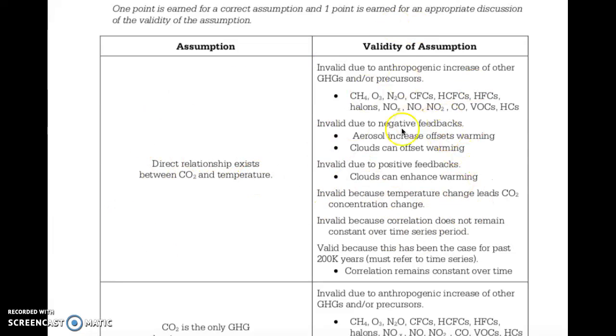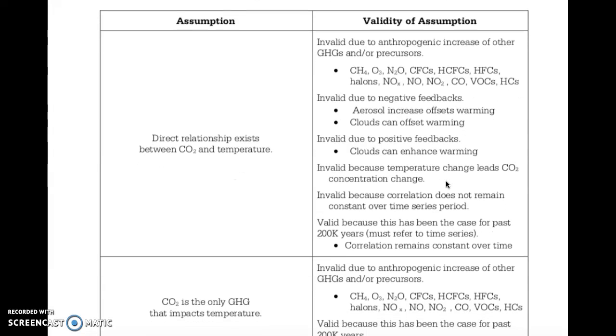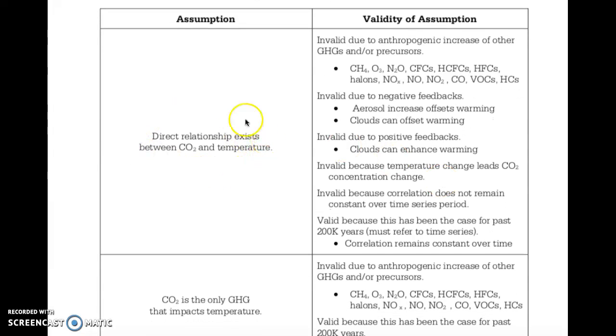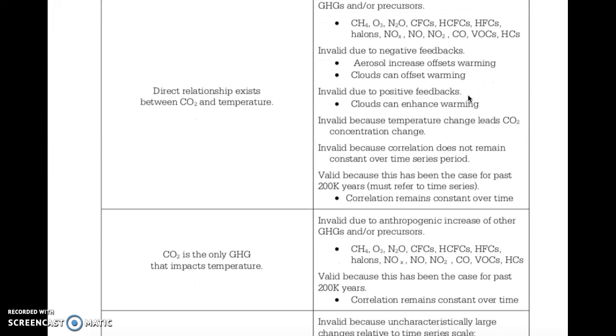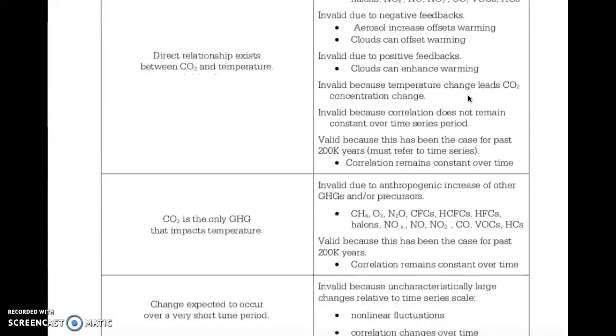For your second point, you need to talk about why that assumption is correct or incorrect. So you could say that there's not a direct relationship between carbon dioxide and temperature because there are other greenhouse gases that also play into warming. So carbon dioxide is not the only thing impacting temperature.